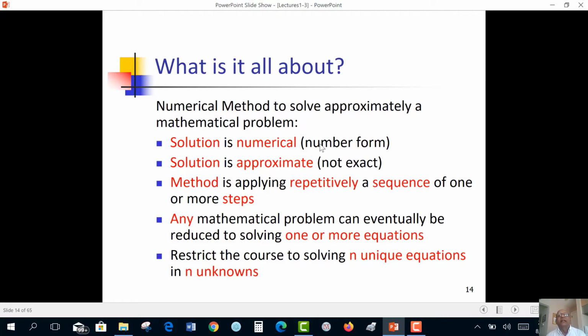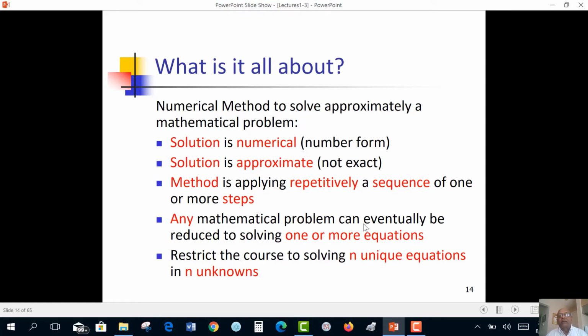It says instead A is 1.45 whatever. The solution is approximate, so it is not exact. And the method is basically repeatedly applying a sequence of one or more steps to solve the problem. That's how we keep approximating something.